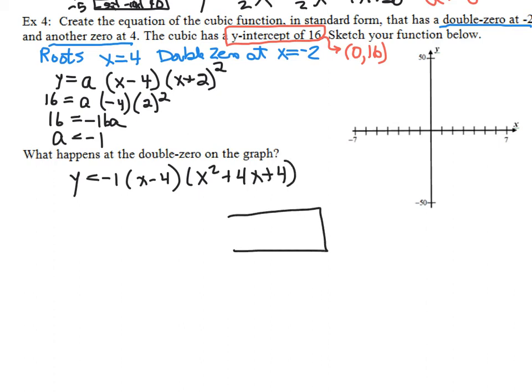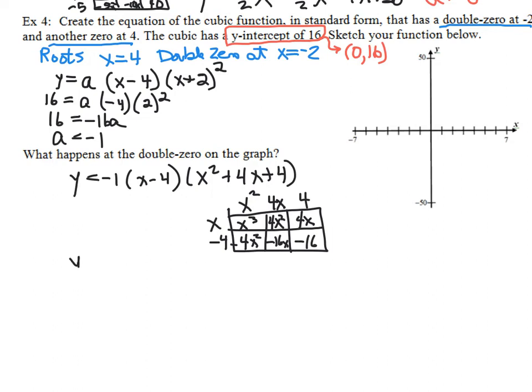Now do your box multiplication again. I'm multiplying a binomial x minus 4 times a trinomial x squared plus 4x plus 4. So I'm getting x cubed plus 4x squared plus 4x, -4x squared, oh that's going to be good because they cancel, -16x and -16.